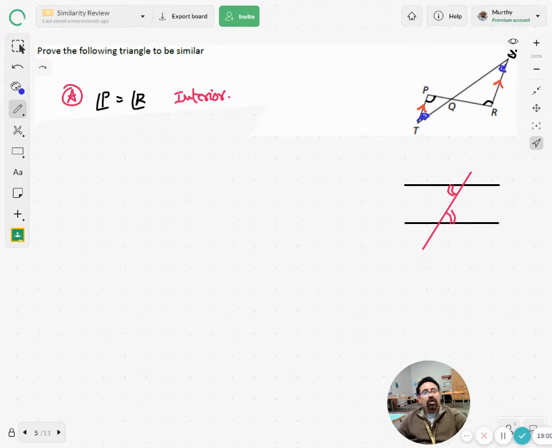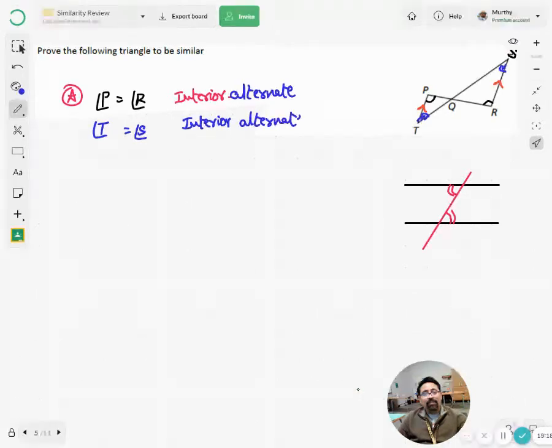So these two are angle T and angle S. These two are also interior alternate angles. My bad, I did not complete the previous one. So angle equals angle. Okay. Then I can say by AA similarity, they are similar.